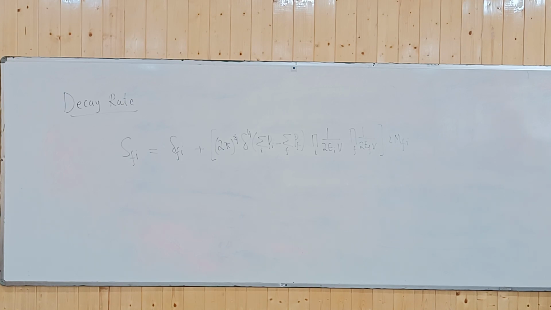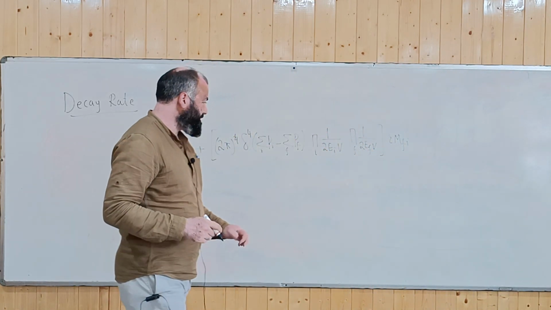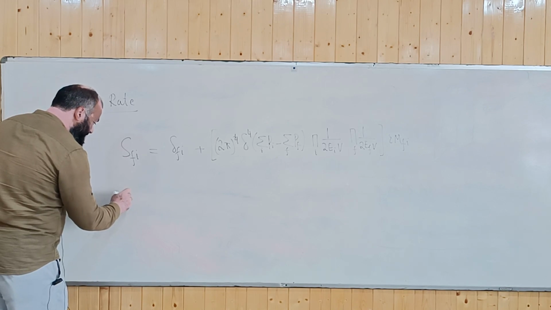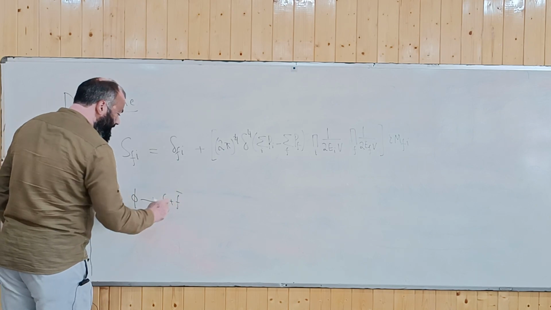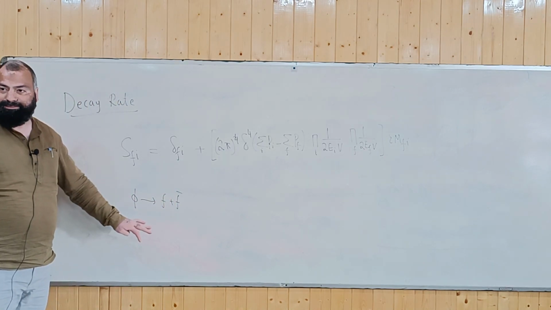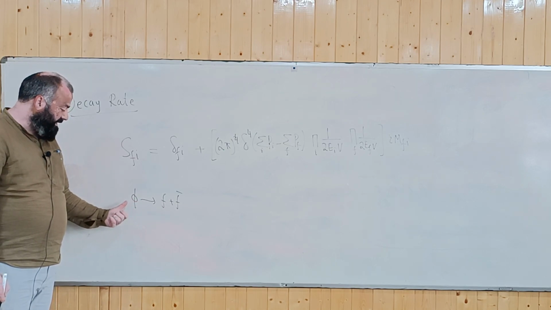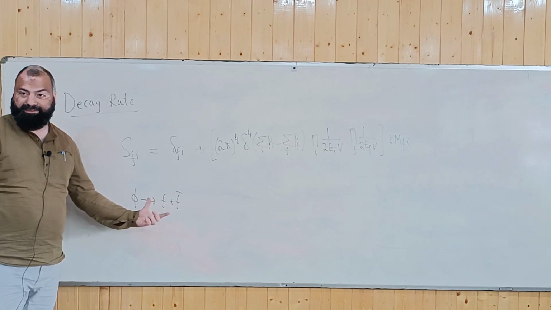So what we will do is consider only one particle decay. Let's think of only one particle, let's say your phi is going to a fermion plus antifermion. So we will consider this kind of process: your boson goes into a fermion antifermion pair. So in the initial state and the final state, they are different, clear?